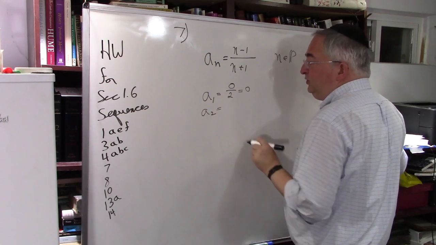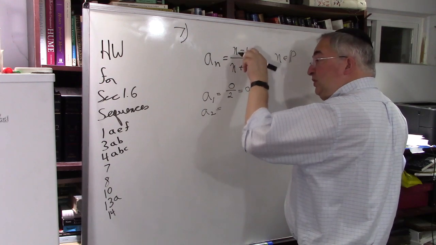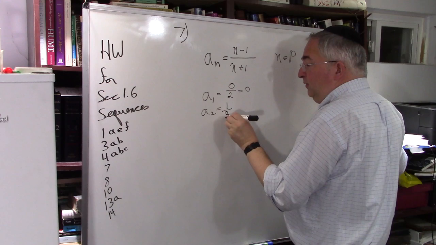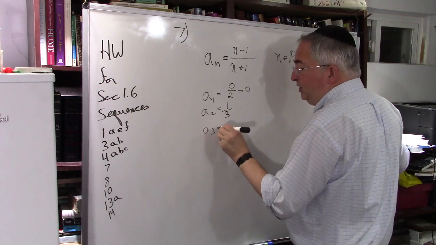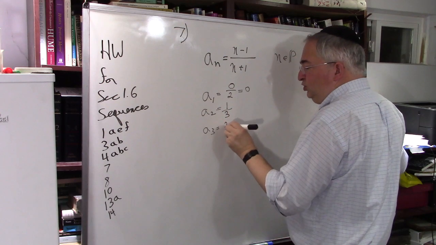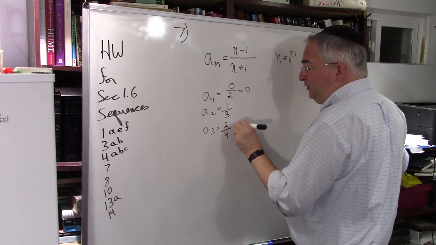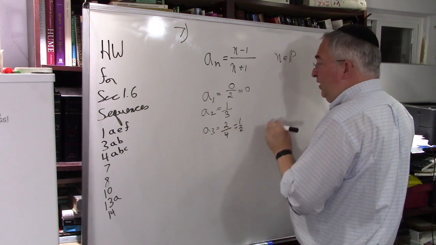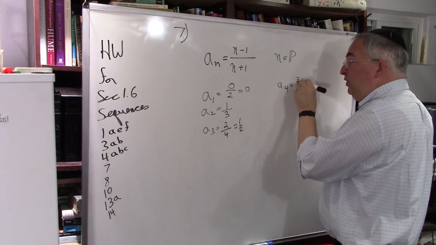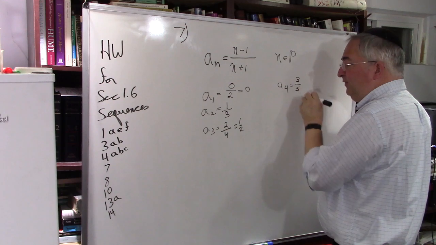A2 is equal to 2 minus 1 is 1 over 3. A3 is equal to 2 over 4, which is equal to a half. Okay, A4 is equal to 3 over 5.